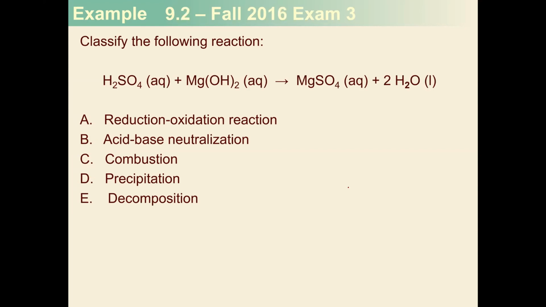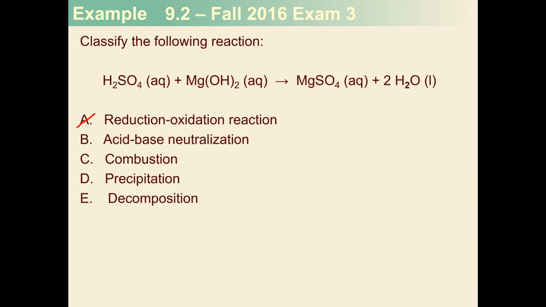Let's go ahead and look at this example. So now we are going to have H2SO4 plus Mg(OH)2 going to form MgSO4 and water. So is this a reduction-oxidation reaction? If it was, we would see a change in oxidation number, and we do not have that.